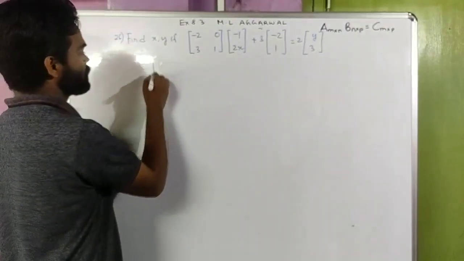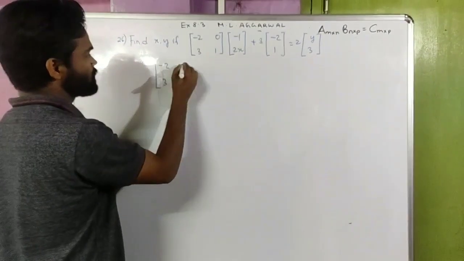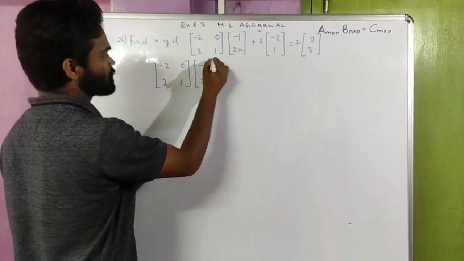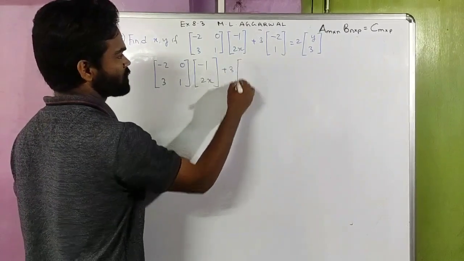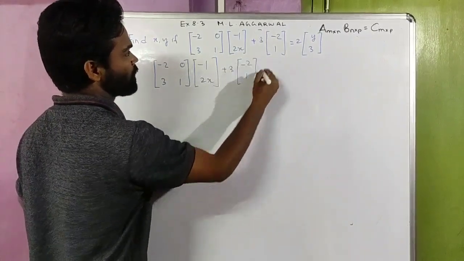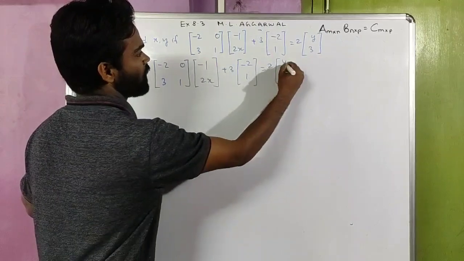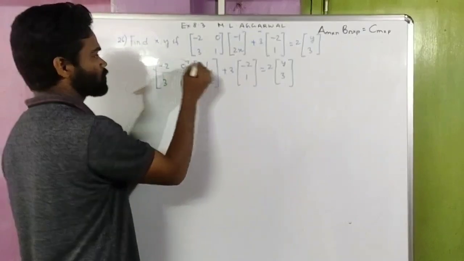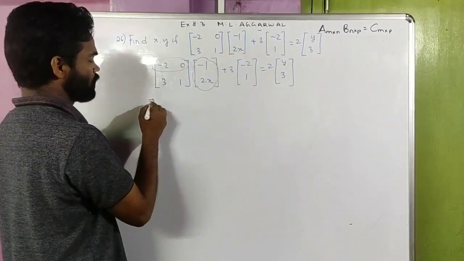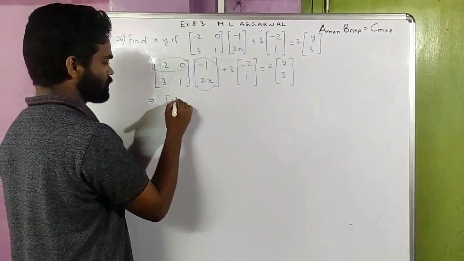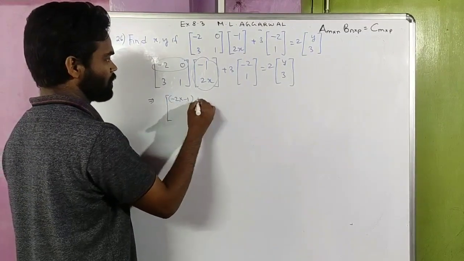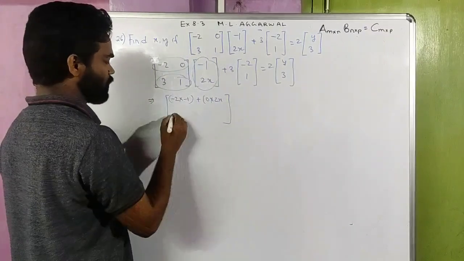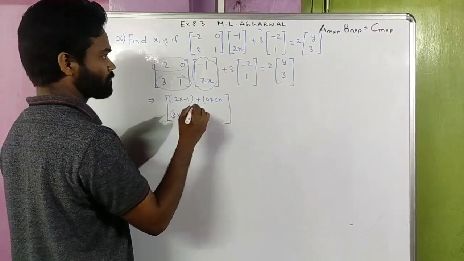What they have given? Minus 2, 3, 0, 1 multiplied by minus 1 and 2x plus 3 times minus 2, 1 equals to twice y, 3. First we'll multiply these two. First row, first column. We know what we'll get. This is minus 2 multiplied by minus 1 plus 0 into 2x. Then second row, first column, that's 3 into minus 1.